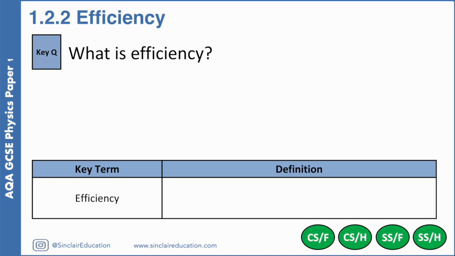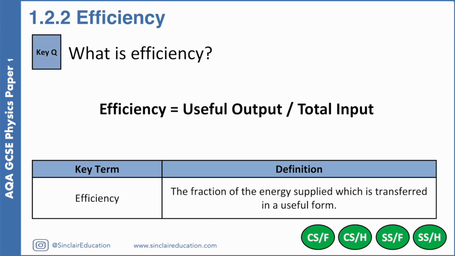So if we know that energy in is equal to energy out, not all of that will necessarily be useful. And efficiency is the idea about how much of the energy supplied was actually transferred usefully. There's a couple of equations for this, but with efficiency, when we're looking at our equation, it is basically the useful divided by the total that went in.